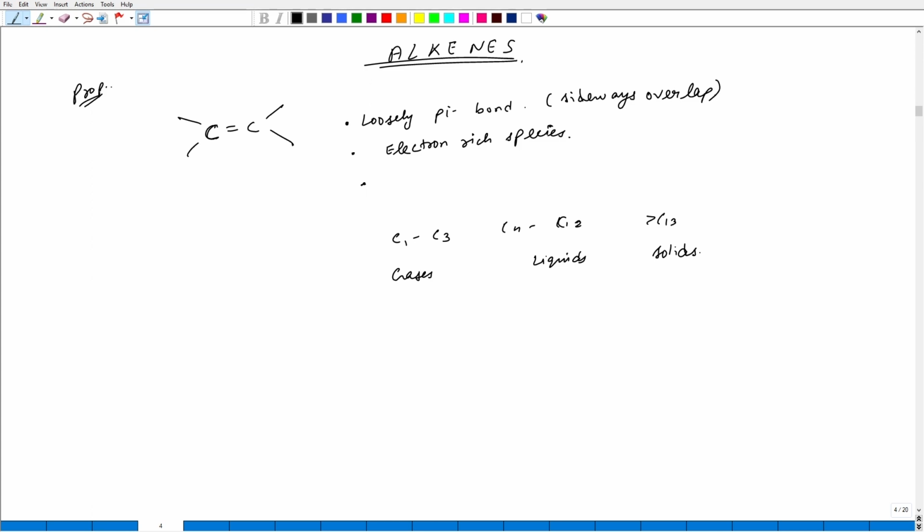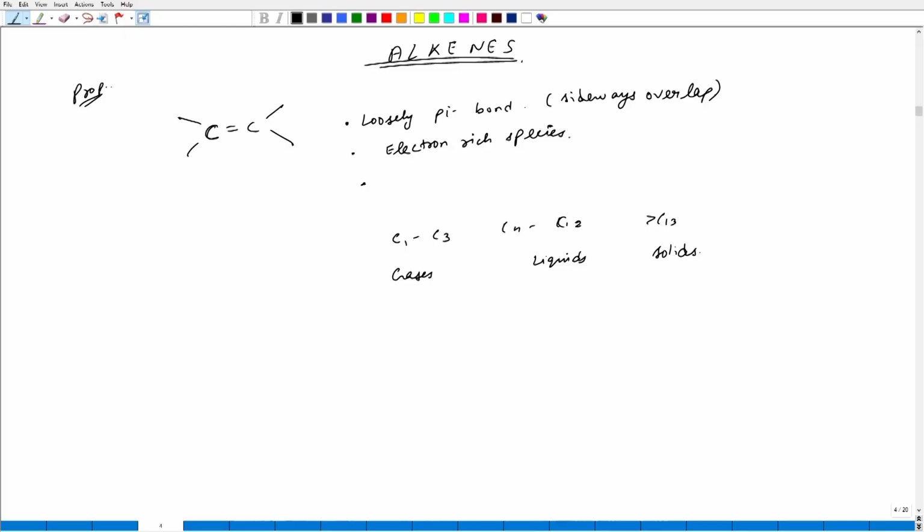So, it is not much different than alkanes. It has the same property that the lower members of the alkenes are gases, then liquids, and then it goes to solids when the number of carbons increases a lot.